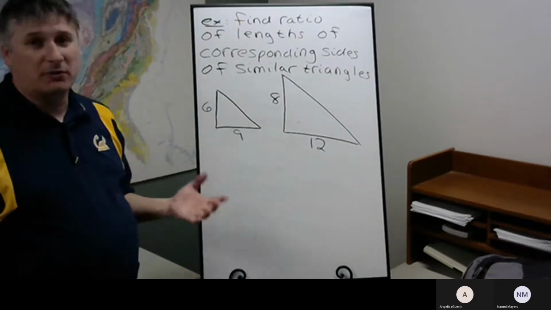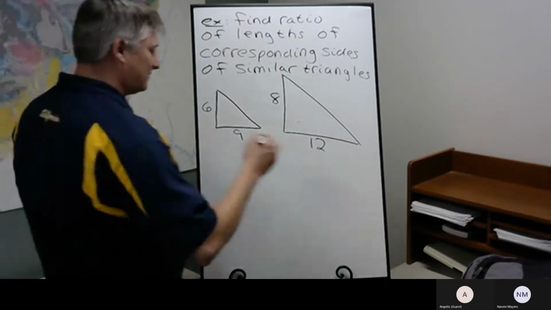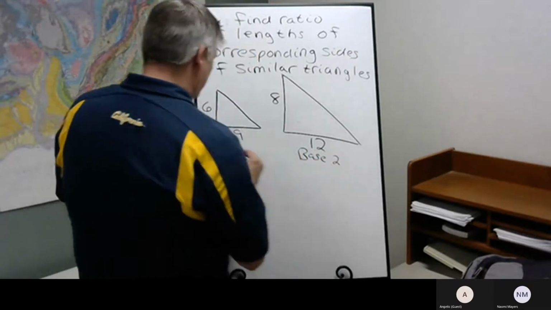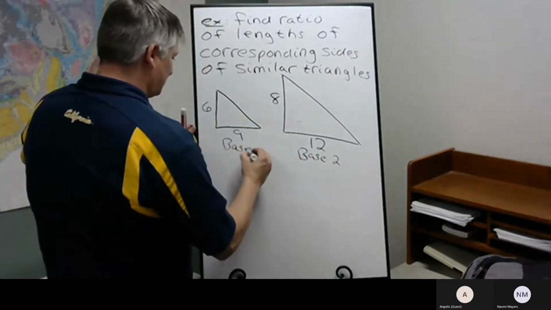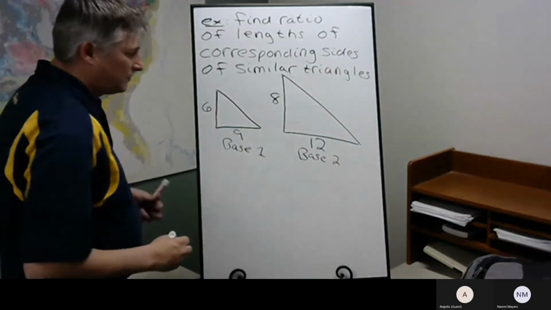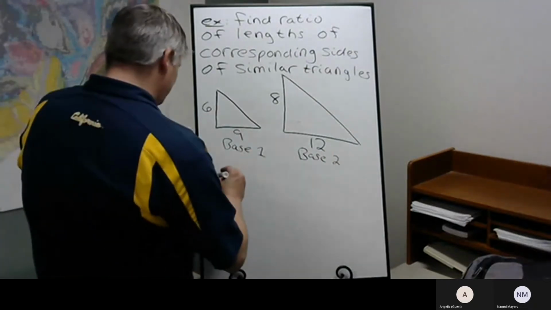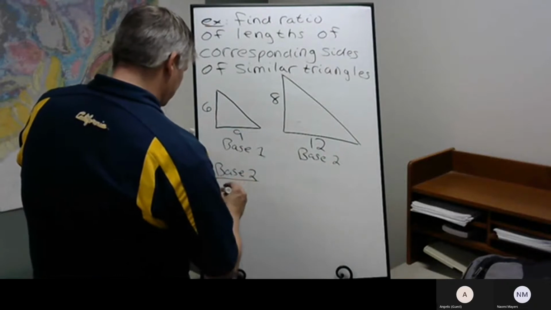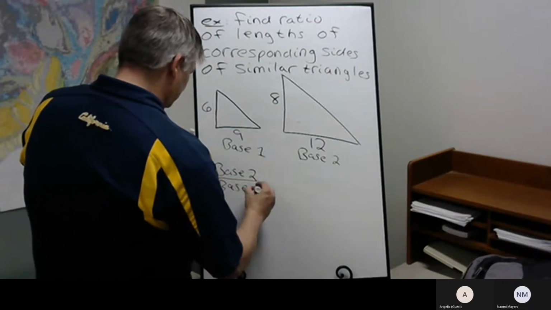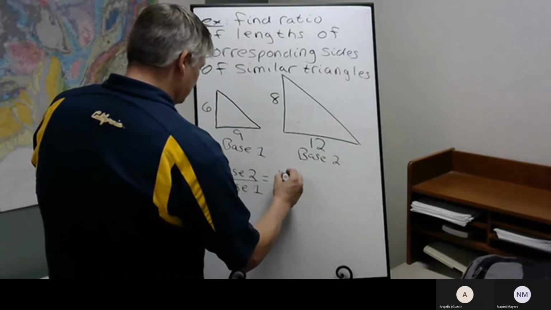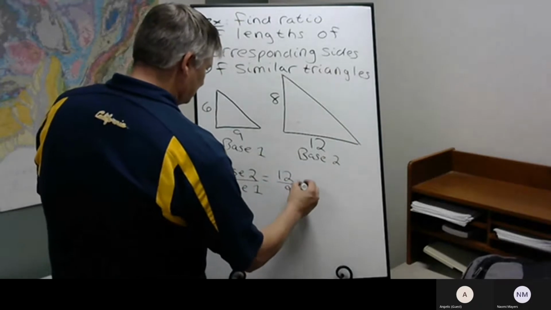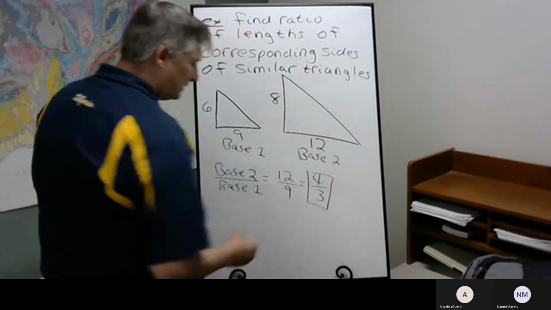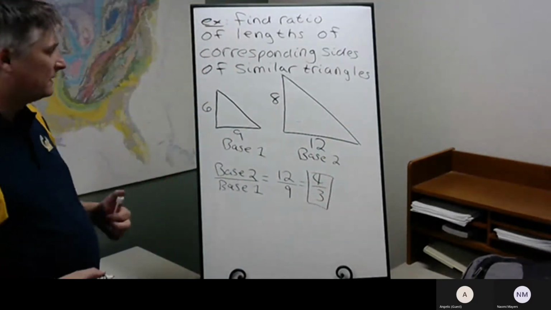So let's take a ratio of bases. So we could say this is base 2 and base 1. So if we take a ratio of the bases, we're going to get 4/3.